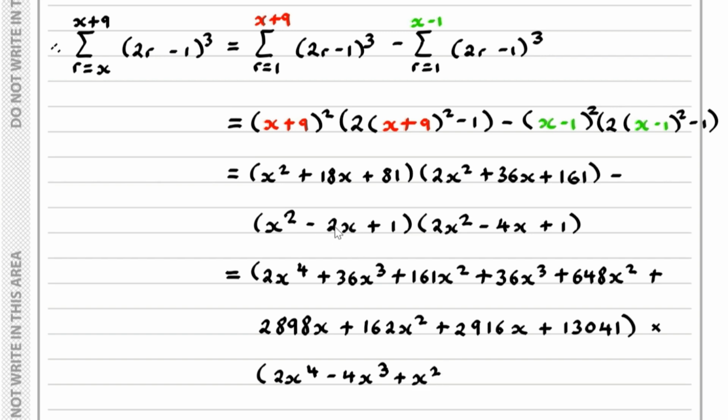And then minus 2x times 2x squared, that's minus 4x cubed. And then minus 2x times minus 4x, that's positive 8x cubed. And then minus 2x times 1, that's minus 2x.